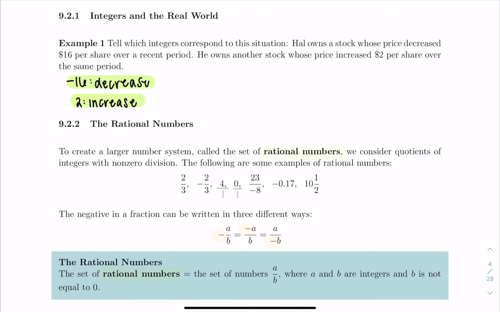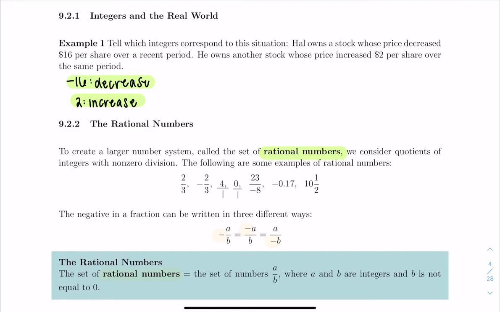Now let's talk about another set of numbers. This is even larger, and this is the set of rational numbers. And so we start to consider quotients with integers as long as we don't have 0 division.